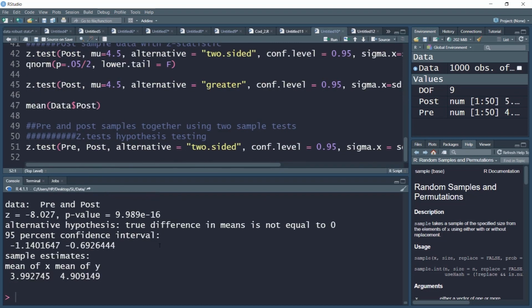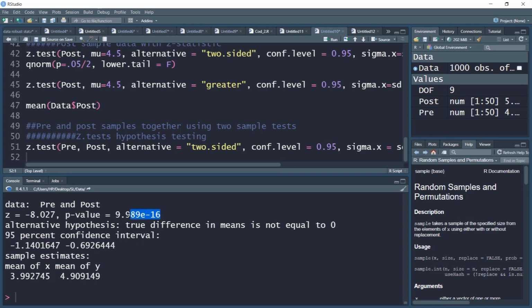So now that we have supplied the relevant arguments, let us see what we can infer about this Z statistic. We'll focus on the p-value and Z statistic here. Notice this p-value clearly indicates that there is a significant difference between pre and post. Notice the mean of pre is 3.99, the mean of post is 4.90, and the confidence interval of their difference is minus 1.14 to minus 0.69. Zero does not lie in this interval.